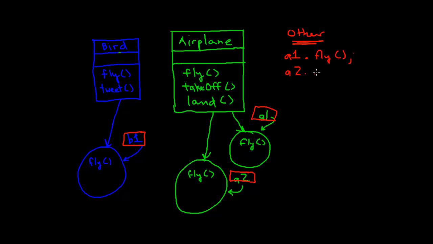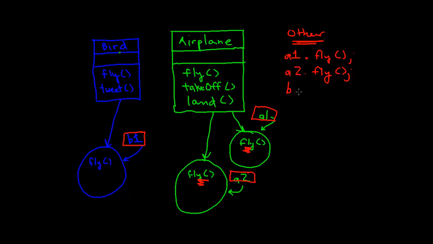If I say A2.fly, I'm also calling the same fly method, because the airplane class defines the fly method one time, but I'm calling that fly method on a different object. So even though the code is the same in these two fly methods, it's actually being called on a different object. So the system keeps track of that.